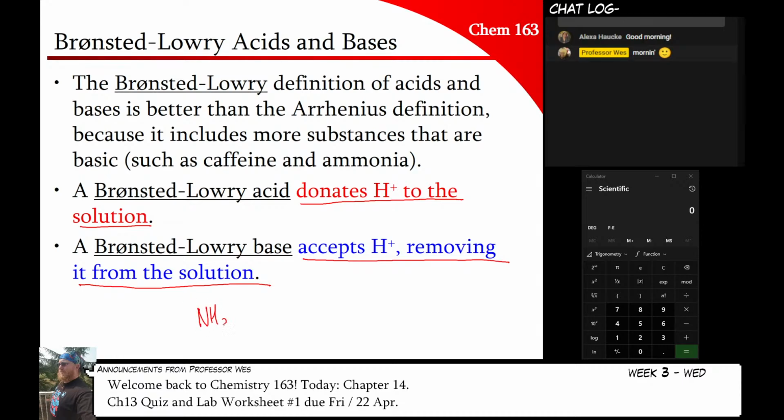So if I have ammonia and I react it with hydronium, then I get something like that. And what this means is that because ammonia accepted H+, that makes it the base.